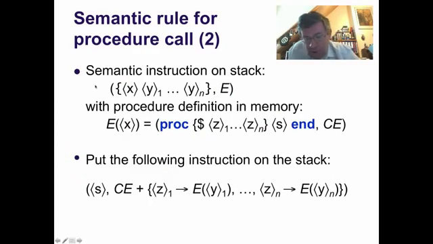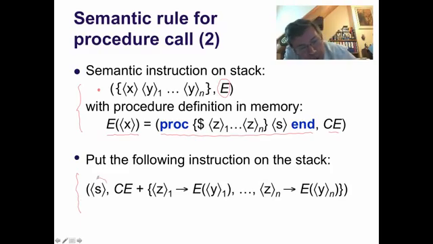Remember, again, we have this semantic instruction on the stack with the environment E. In this environment, we have the procedure definition. So E of x is the procedure definition in memory, with its contextual environment and the definition of the procedure. When we know this, we will put the following on the stack.